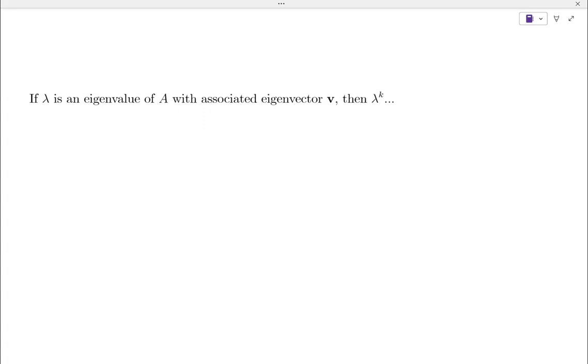So remember that if it's an eigenvalue, we have this statement, Av equals lambda v, correct? That's what it means to be an eigenvalue. We can replace the matrix multiplication with the scalar multiplication, right?